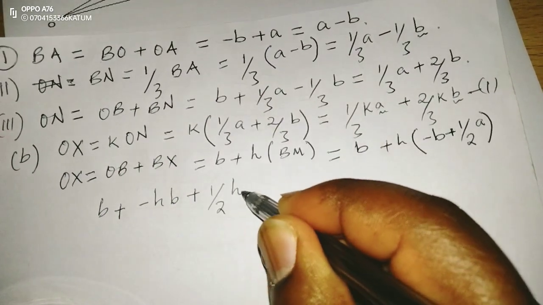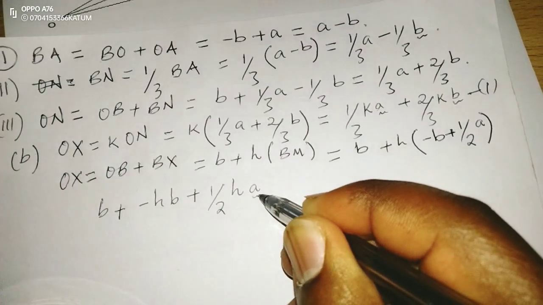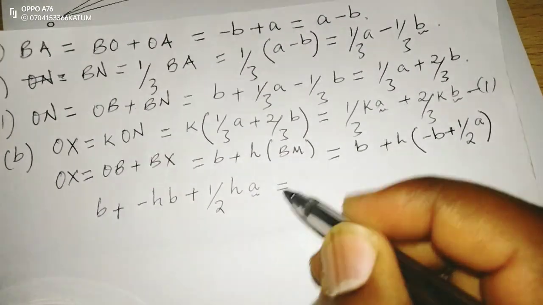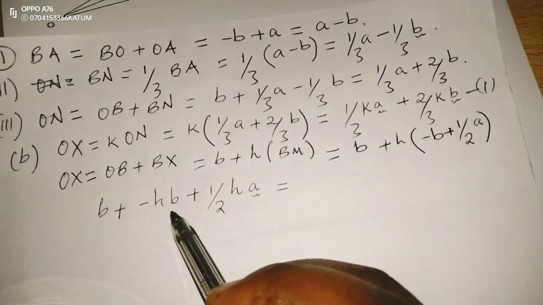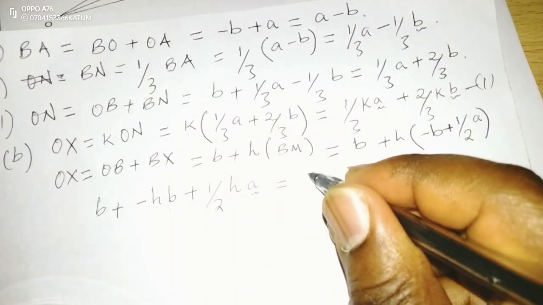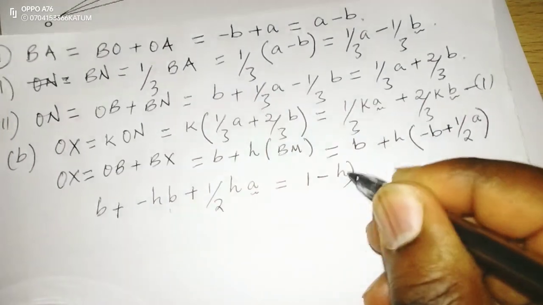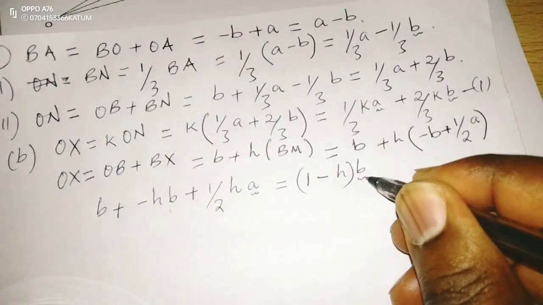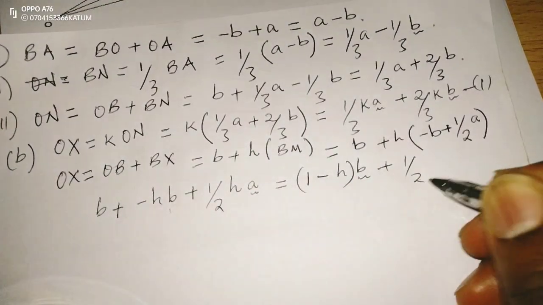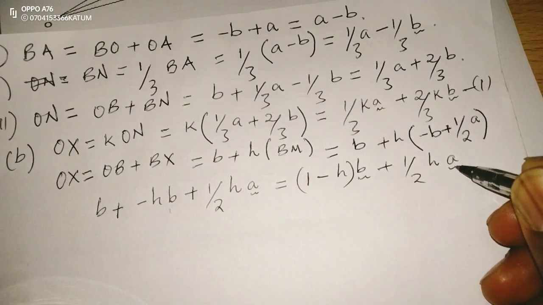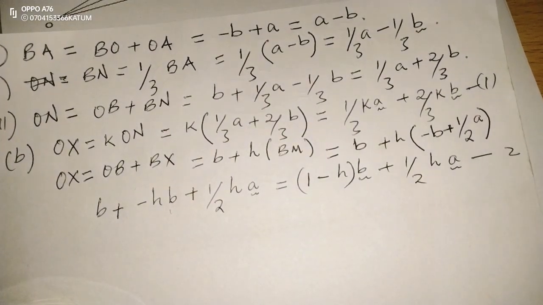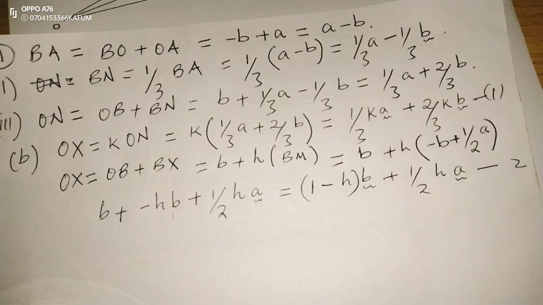half H vector A. So now we can group these terms such that the parts with the vector B can be grouped together, and we factorize vector B to remain with 1 minus H. This is vector B plus half H vector A. This is the second expression of OX.